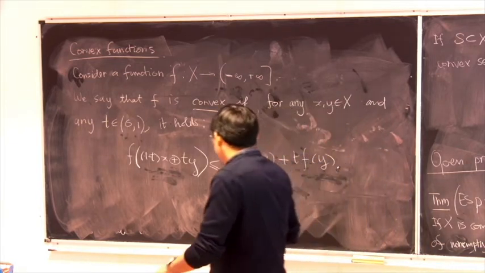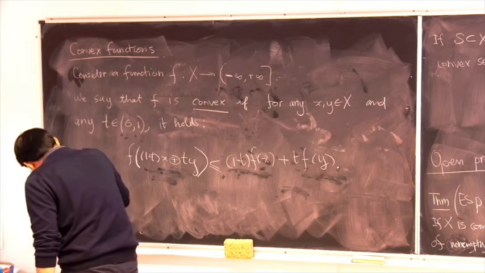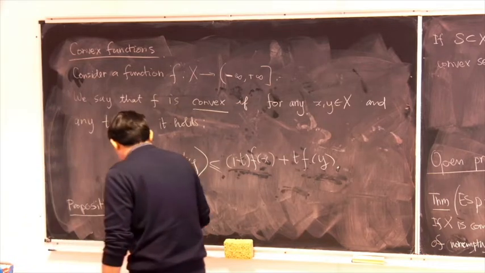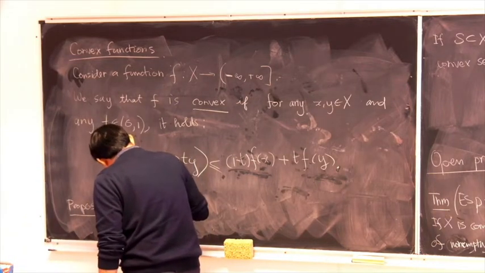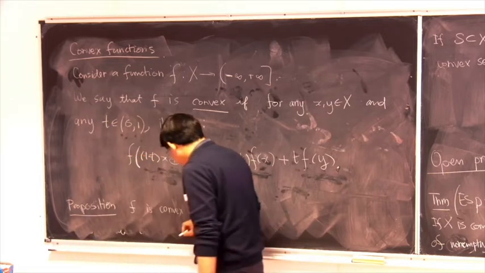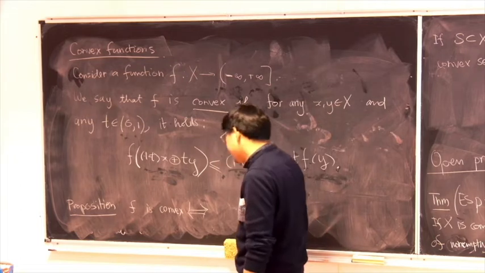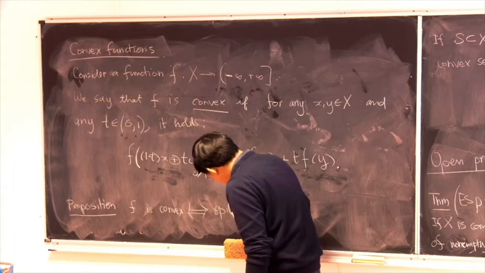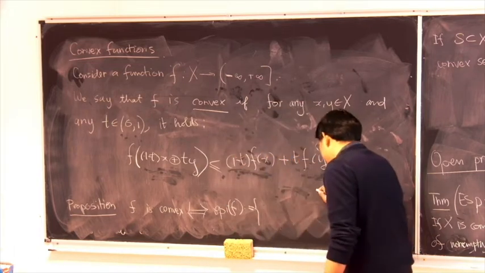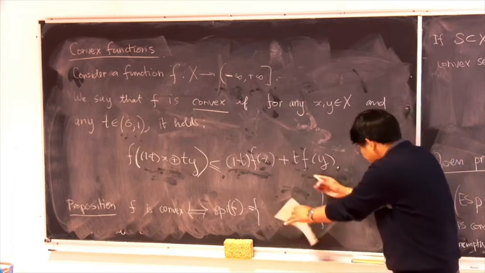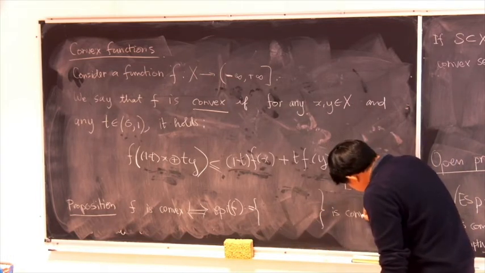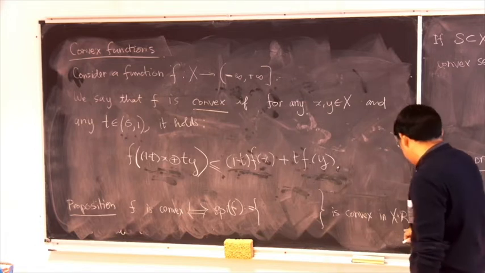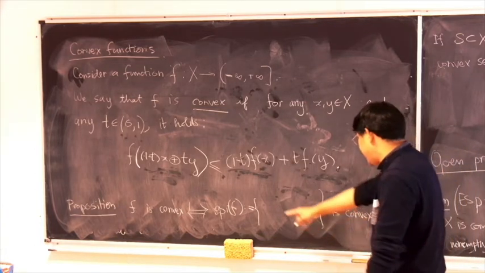Okay, so one more theorem. Not really a theorem, more of a proposition. f is convex if and only if the epigraph of f is a convex set, of course in X times R. And what is an epigraph?